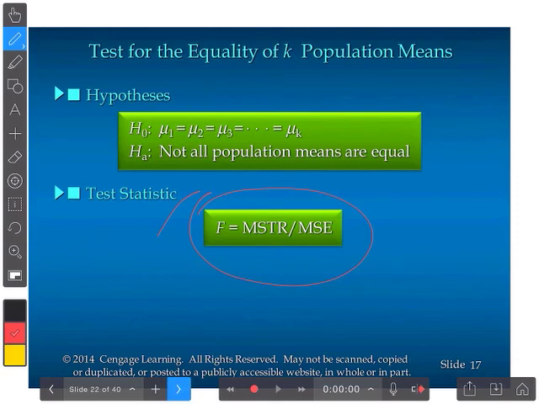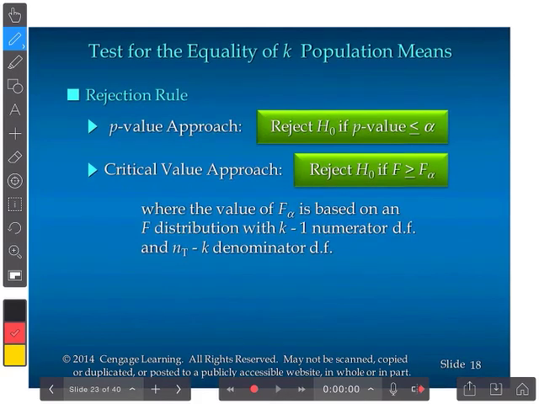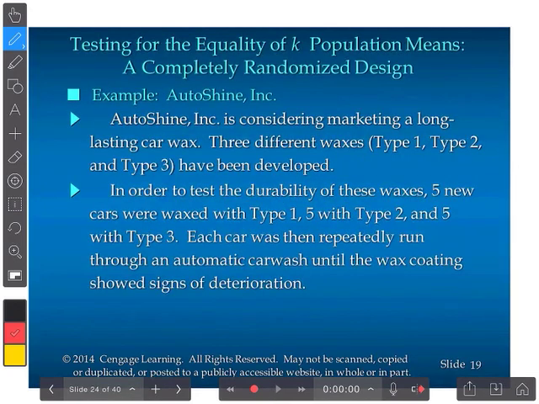Then, of course, we determine our rejection rule. If the p-value is less than alpha, we reject the null hypothesis. Or we reject H0 if the observed F value is greater than our critical value, F alpha. And then we must do our analysis and come to our conclusion.